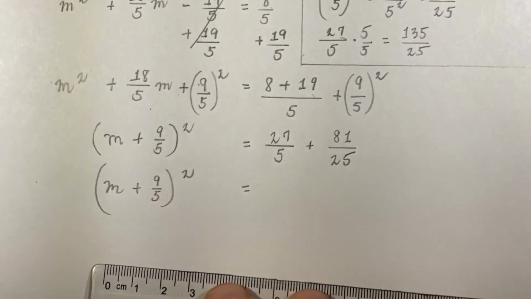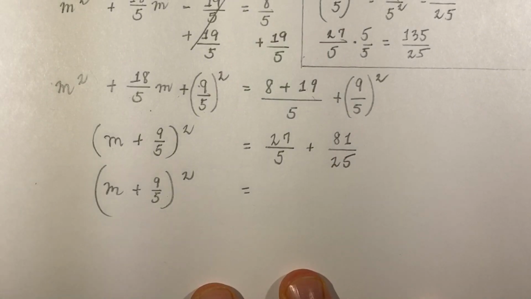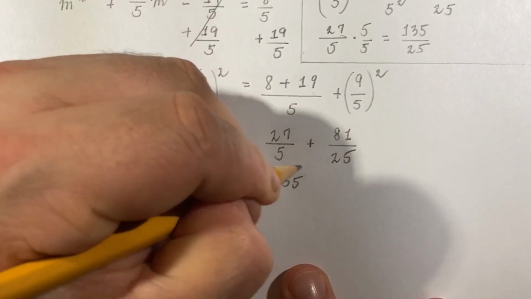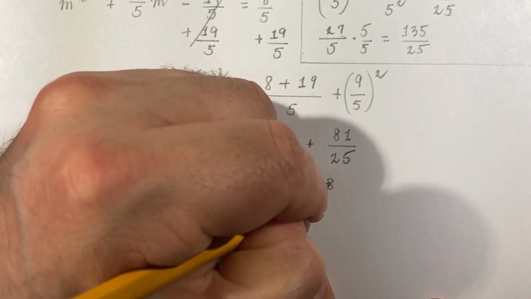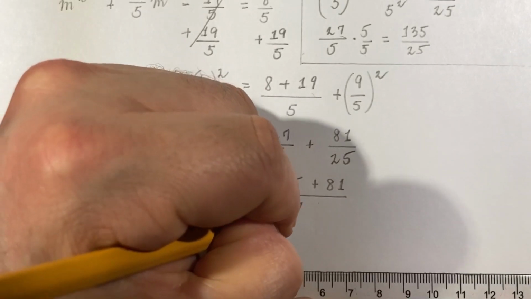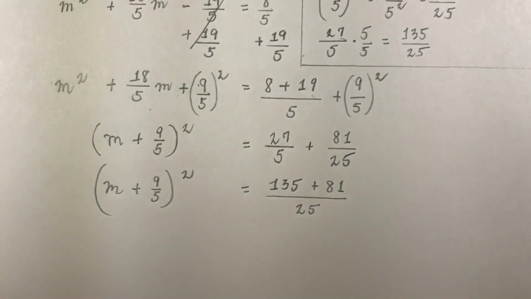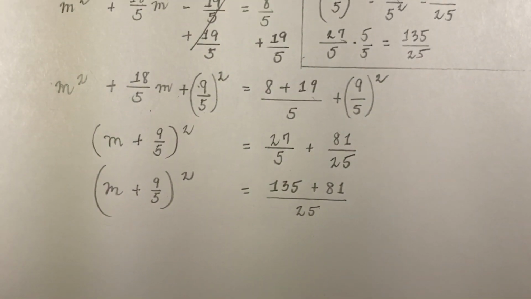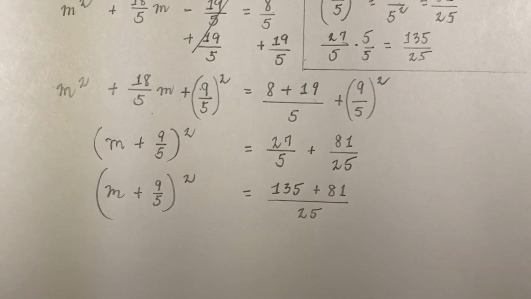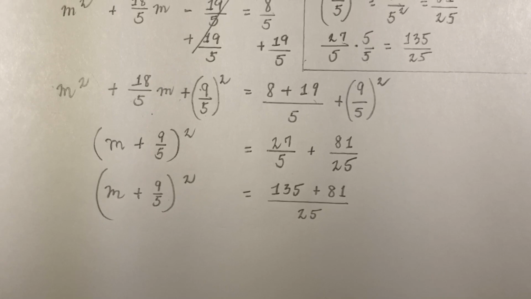But now we have common denominator. So we can write 135 plus 81 over 25, just like that. Okay? And so now we need to add 135 and 81 together.